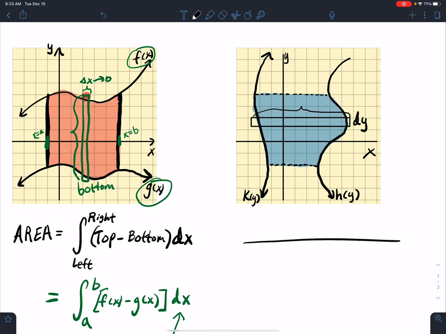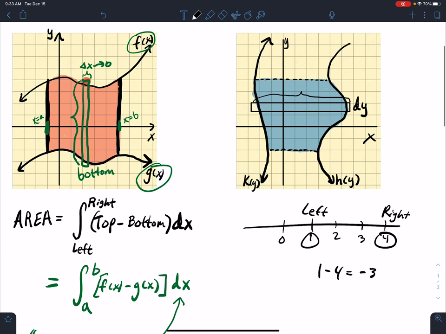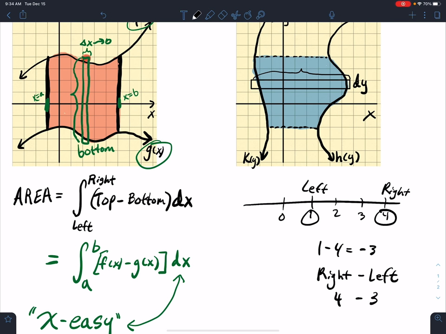Well, you think about a number line, 0, 1, 2, 3, 4. How do you find the distance between the unit 1 to the unit 4? Do I do 1 minus 4 and that distance is negative 3? No. I do the right minus the left. So what is that? That would be 4 minus 1, which gets you the 3.